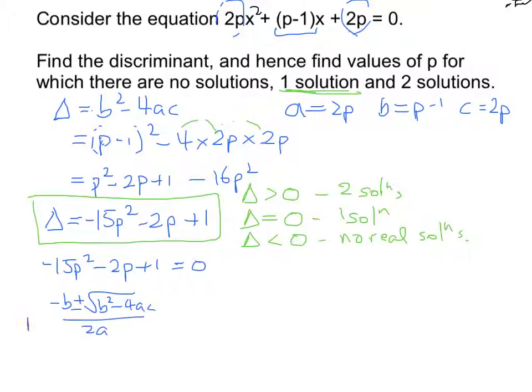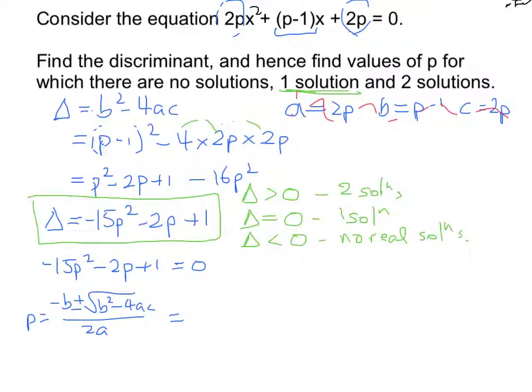That will tell us our p values in this case. We have to ignore the a, b and c that we had at the top because we've moved on to a different equation, so just ignore those for this second part.